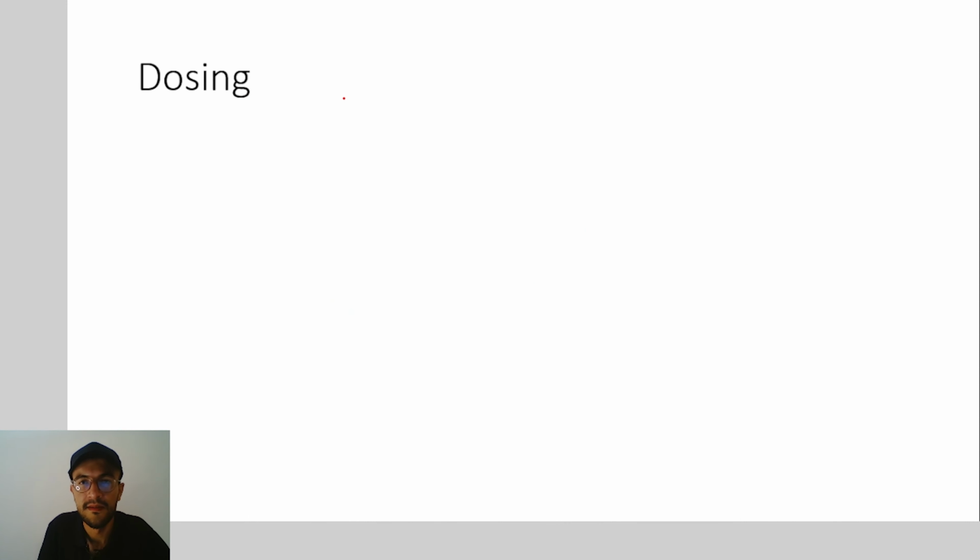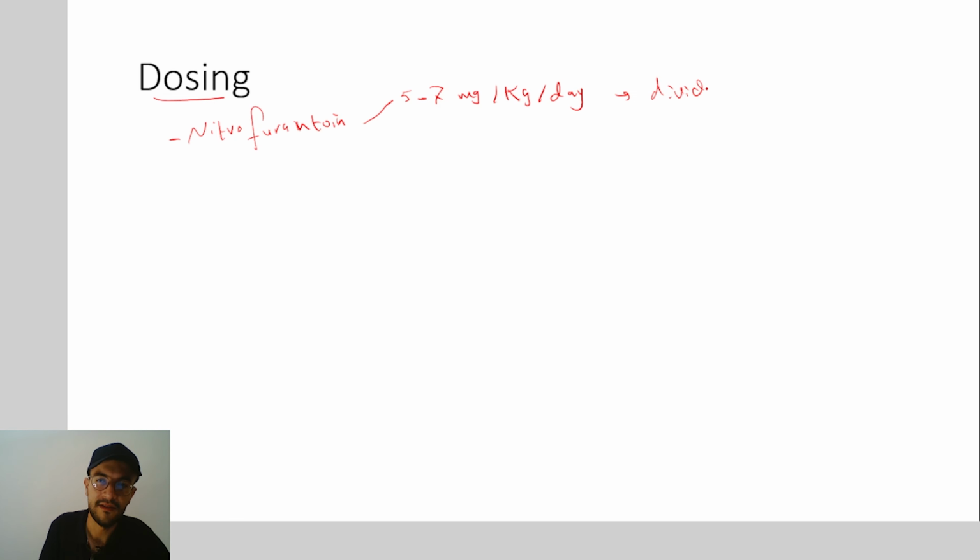Finally, let's talk about the dosing of the urinary antiseptics. We will start with nitrofurantoin. The dose of nitrofurantoin is from 5 to 7 milligrams per kilogram per day, and that is divided into 4 times per day.